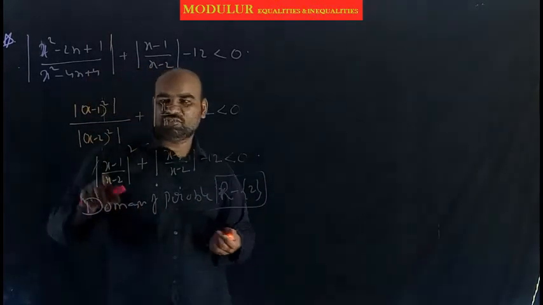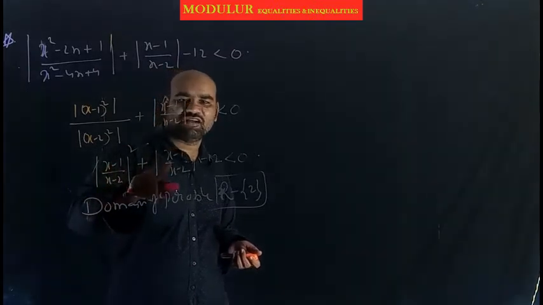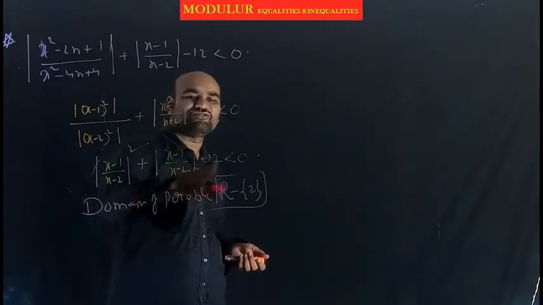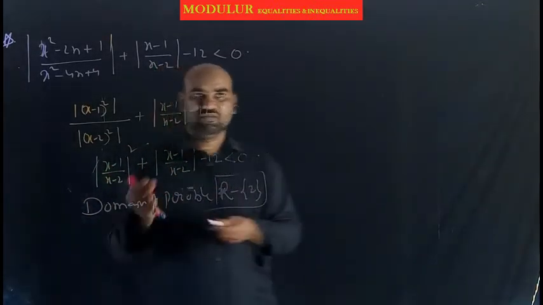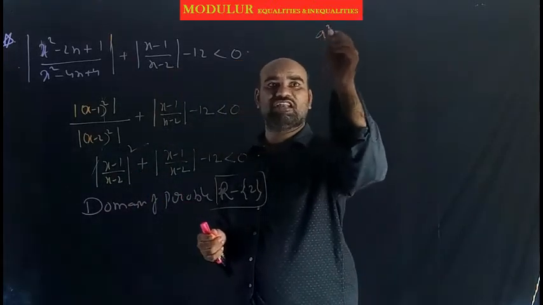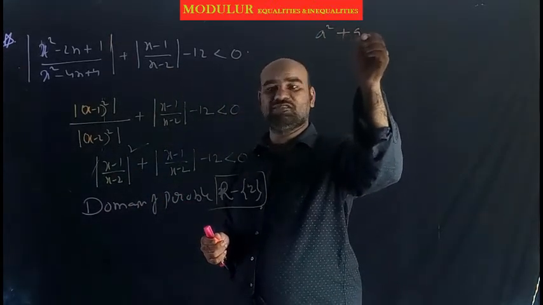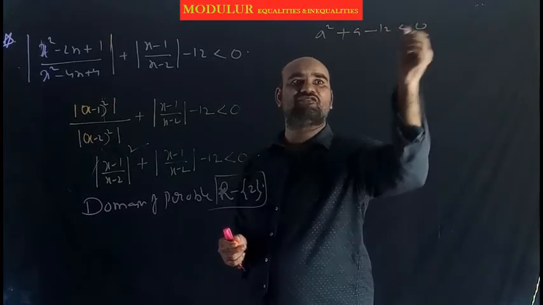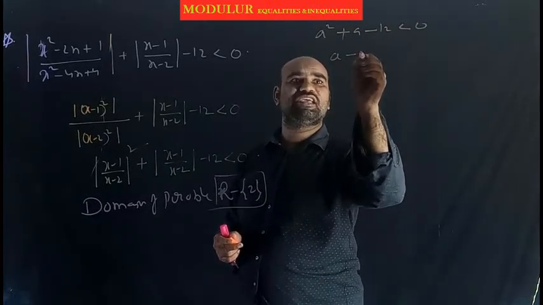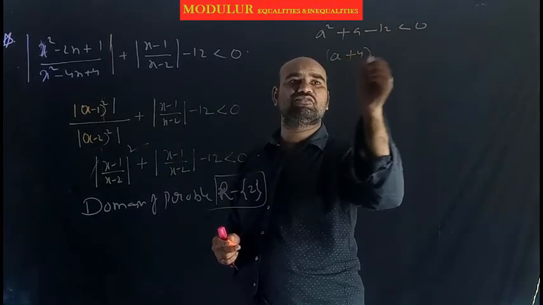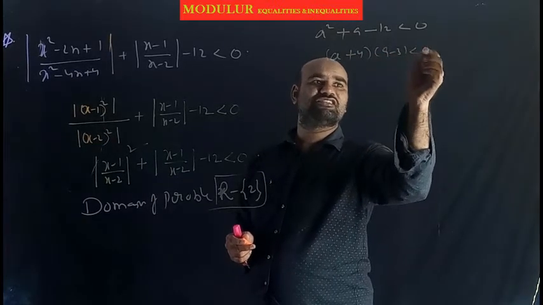Observe here, it is of the form a square plus a minus 12 less than 0. This is (a plus 4) into (a minus 3) less than 0.